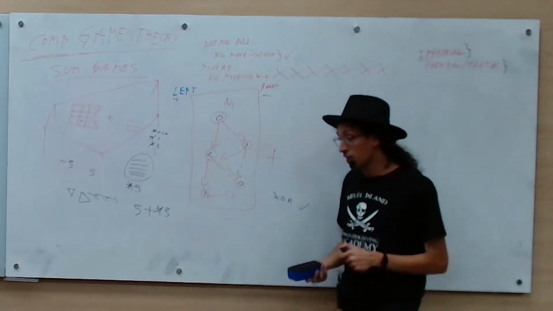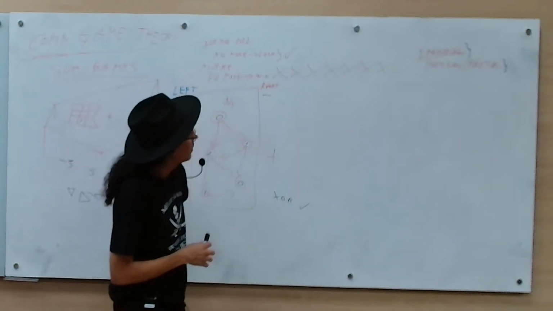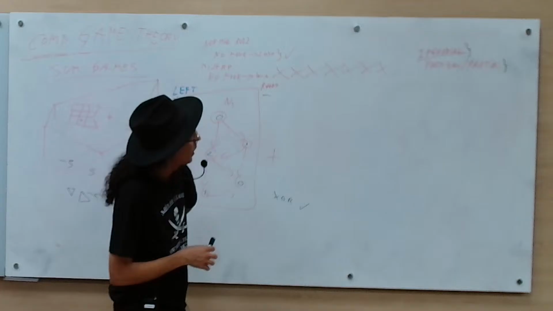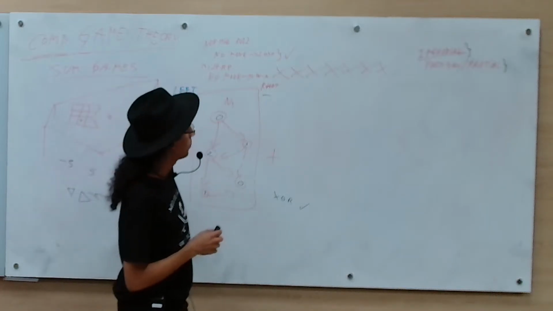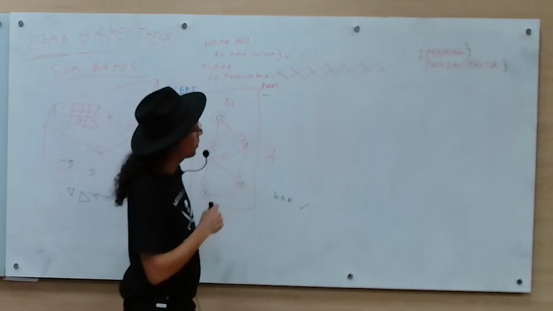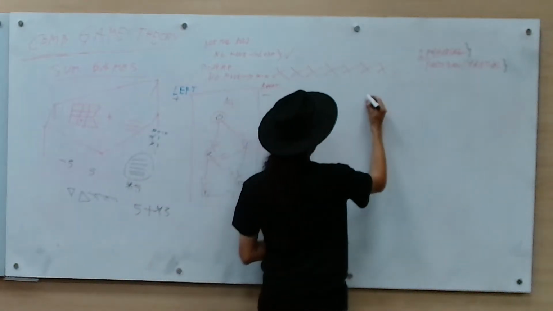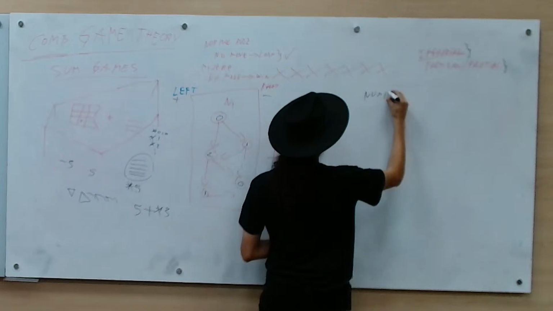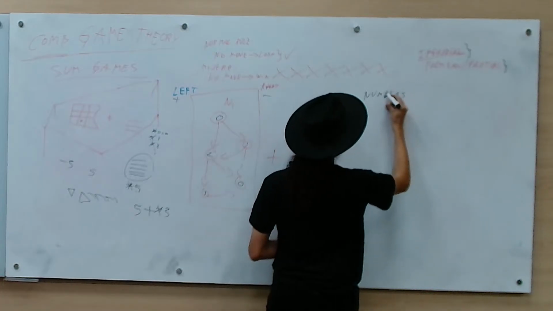For partisan games, everything is much more complex. But we can at least give some special cases. I might mention a few more tomorrow, but one such special case is what are called numbers. Let's mention this one quickly.